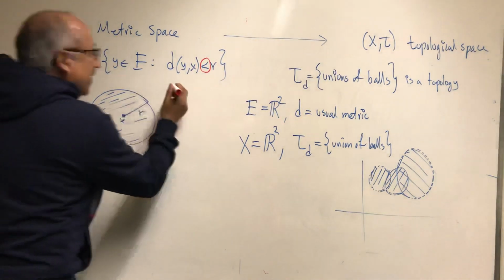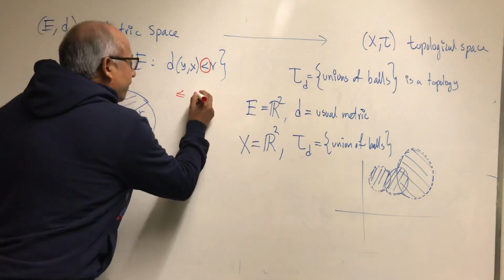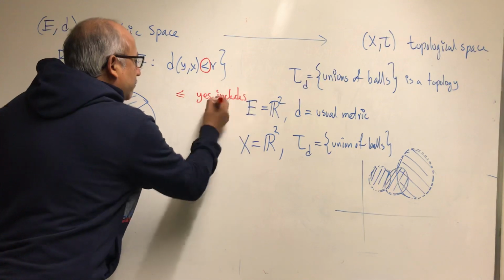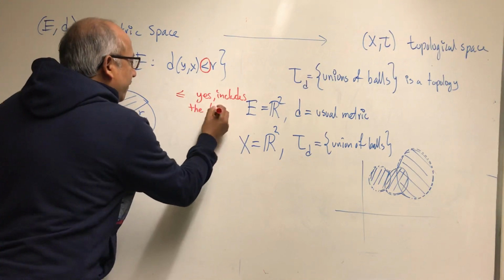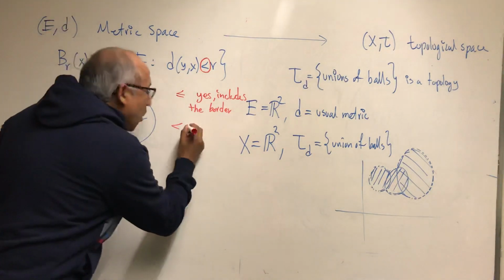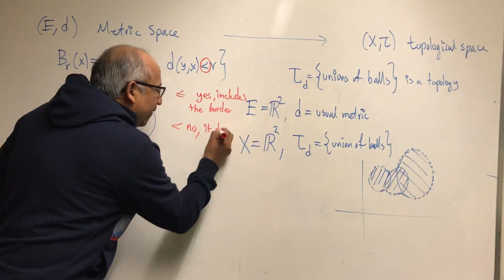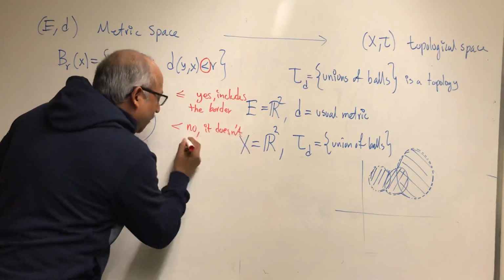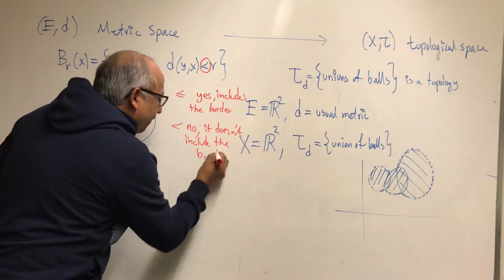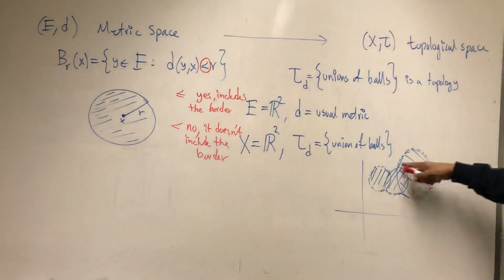If I say less than or equal, yes, it includes the border. If you say less, that means no, it doesn't include the border. That's why this doesn't include the border.